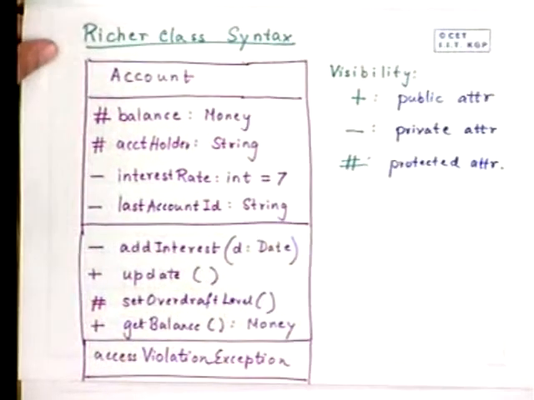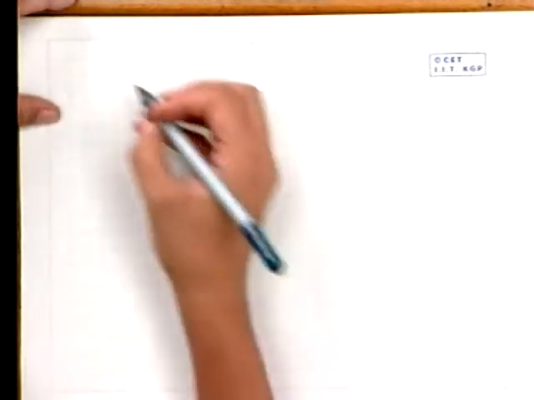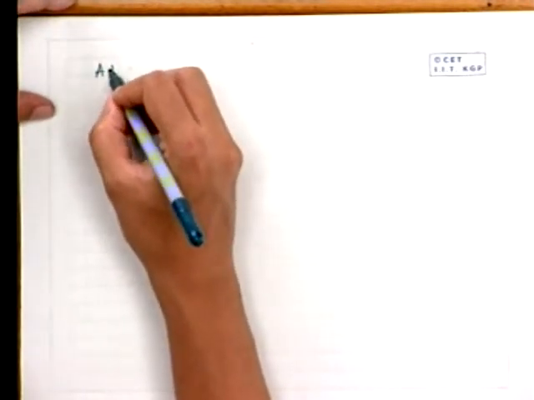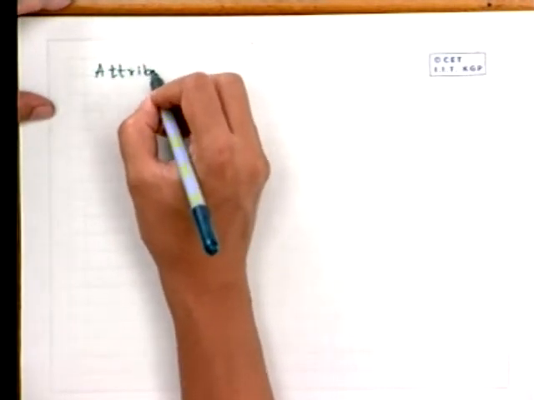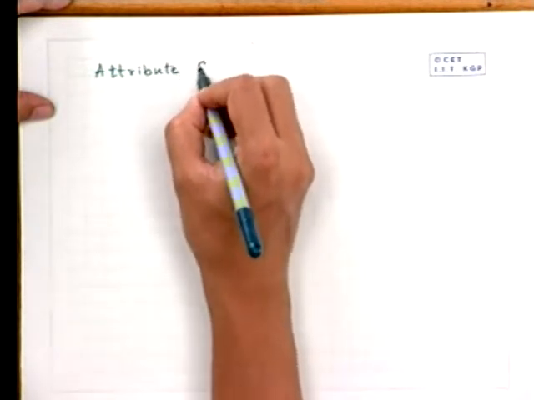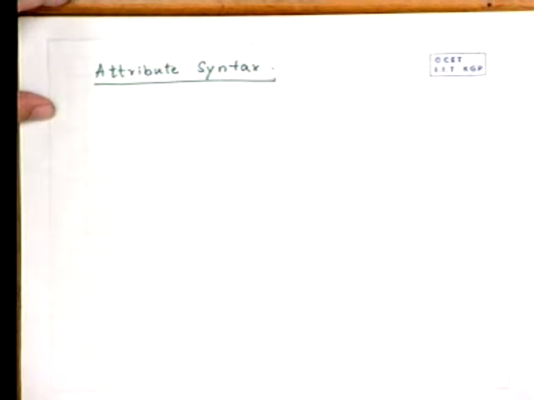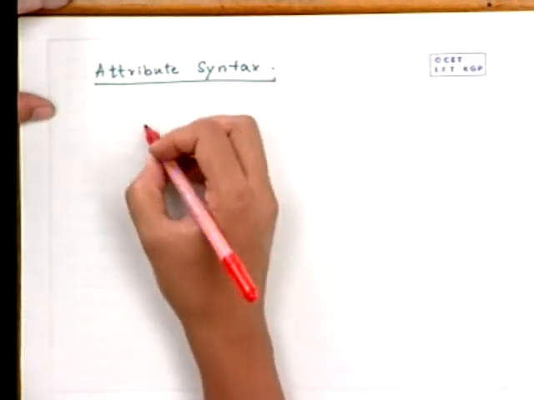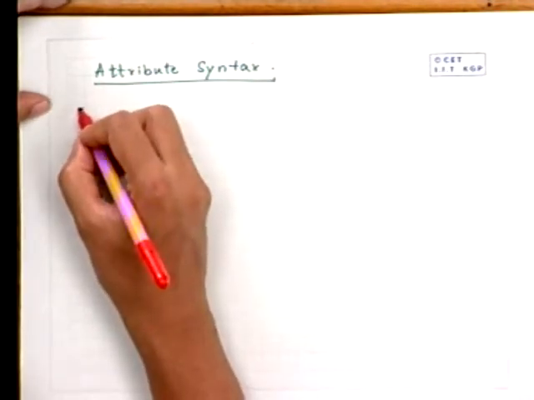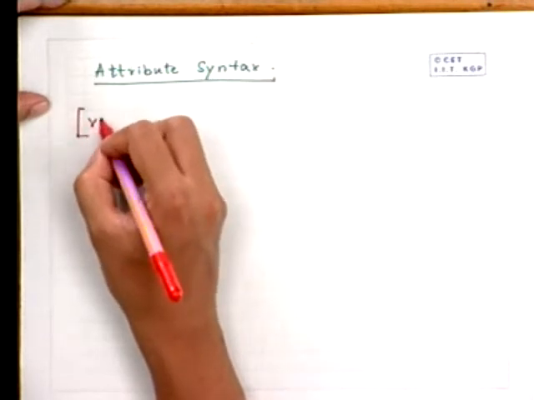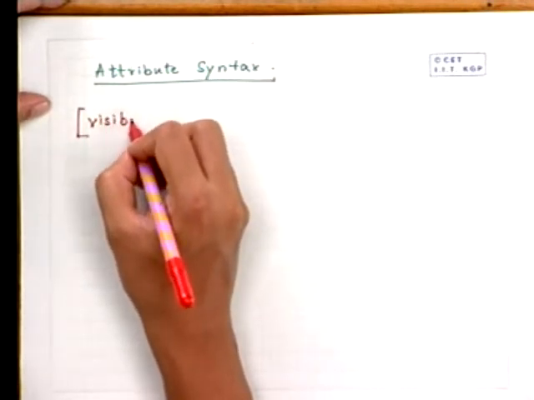Now, let us look at the attribute syntax. We may start with the visibility.